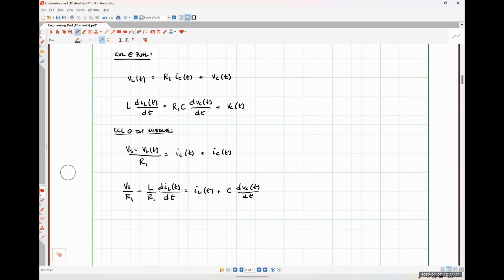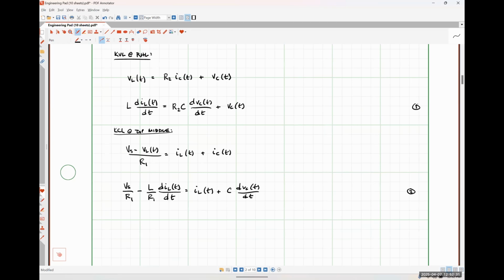So now I need to think about this for just a moment because I have these two equations. Let me just put a number by this one really quickly. So here's number one, and here's number two. And I have to figure out a way to essentially manipulate these to express everything only in terms of my inductor current or only in terms of my capacitor voltage.